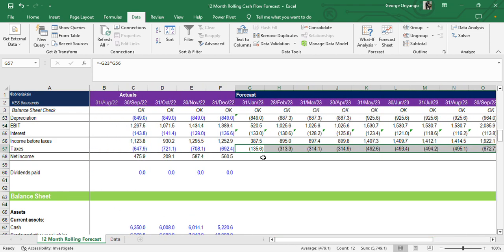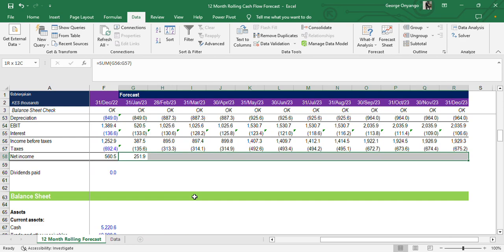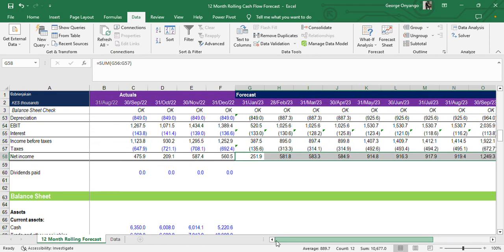Now we can calculate the net income. The net income is going to be the sum of the two, and kaboom, that is our net income. So from there, let's complete this.